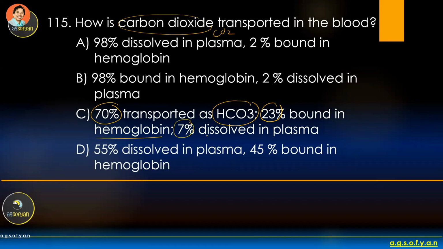Only 7% is dissolved in plasma. So 70% in the form of acid, and the rest will be in the plasma and in the hemoglobin.